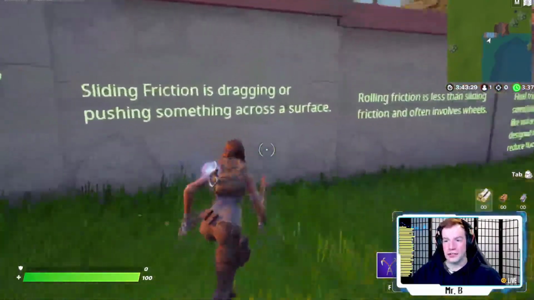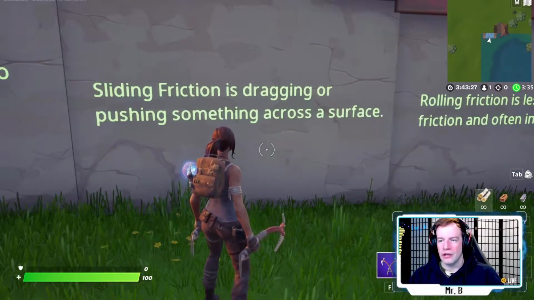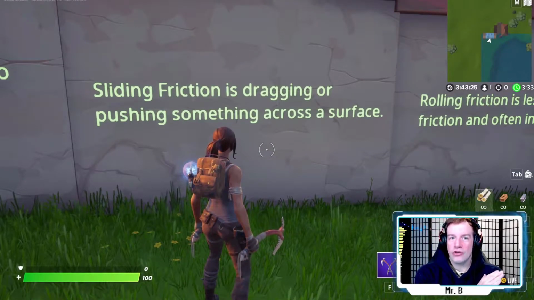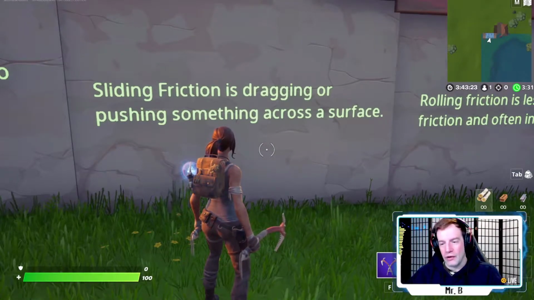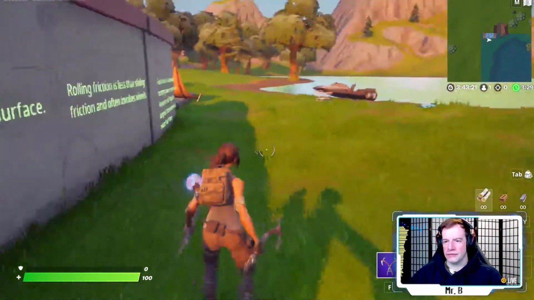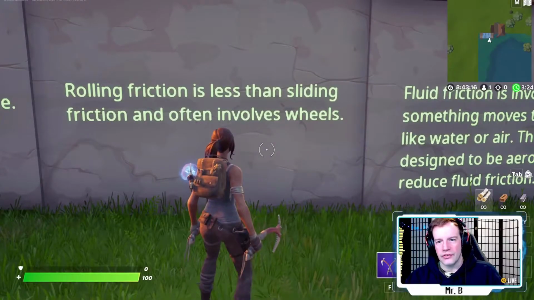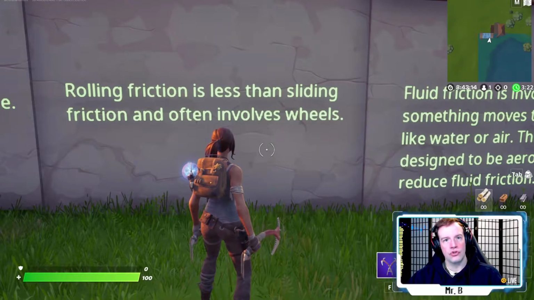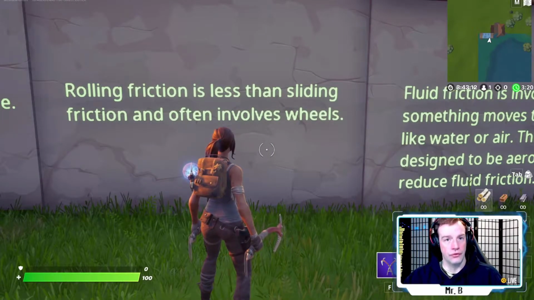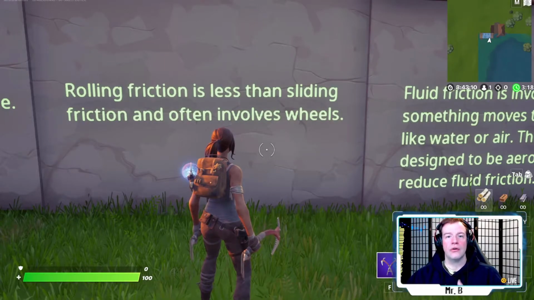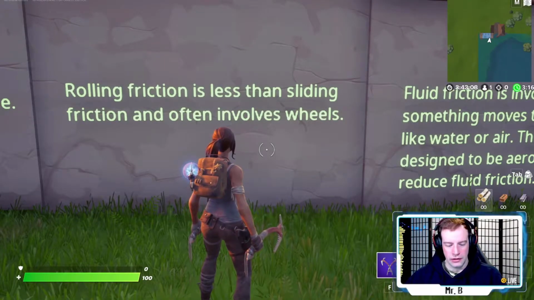Sliding friction is dragging or pushing something, applying a force to it across the surface, without anything else. You're just pushing it along. Rolling friction is less than sliding friction.